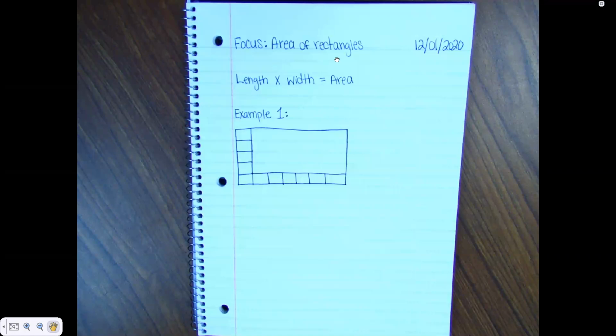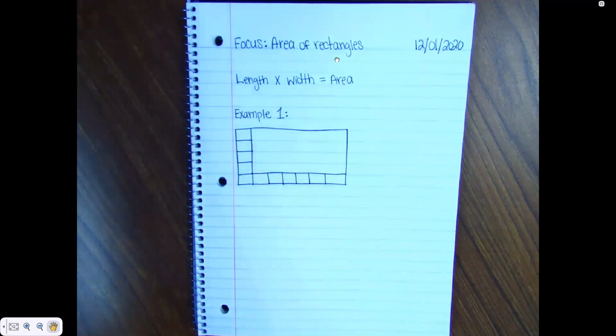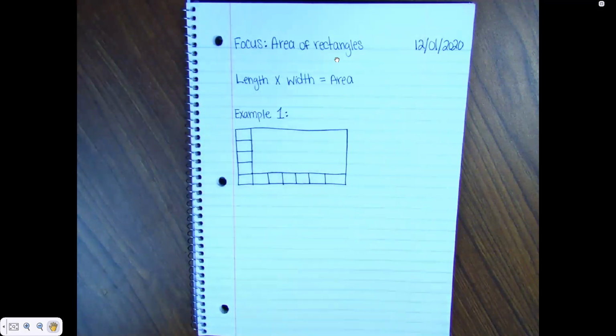So what's the first thing I need to do to figure out how big this carrot section is? I need to count and label what? The squares.